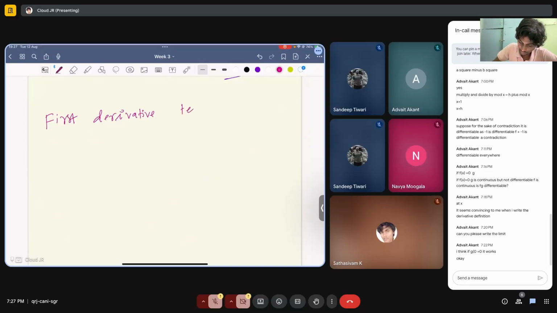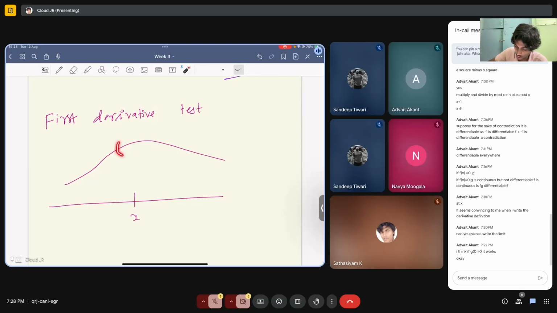So suppose this point x is a critical point. Okay, so let me draw a graph here. So you have point x and it's a critical point. So something like that is happening here. Then if you look at the neighborhood of the point x, you can see the tangents here.